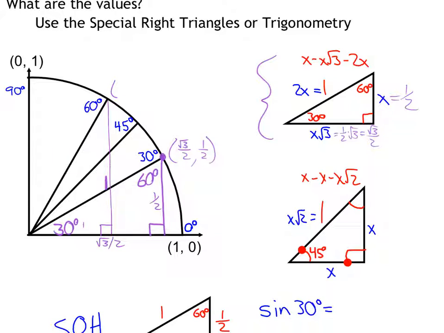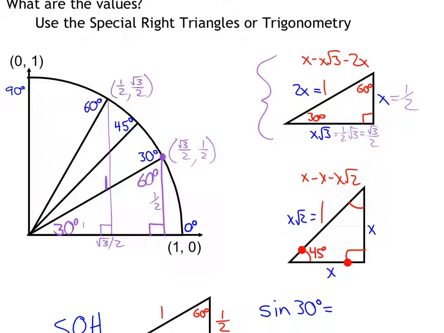So this one is going to have the coordinates 1/2 and root 3 over 2. Same numbers, just switched.